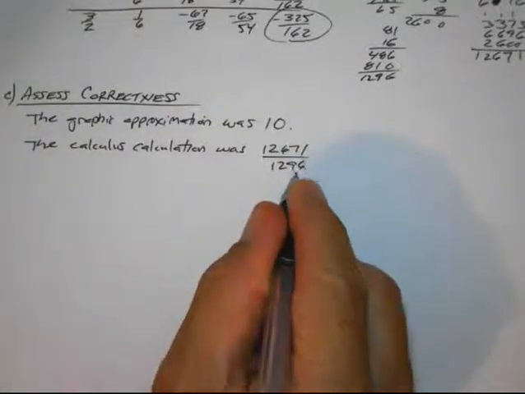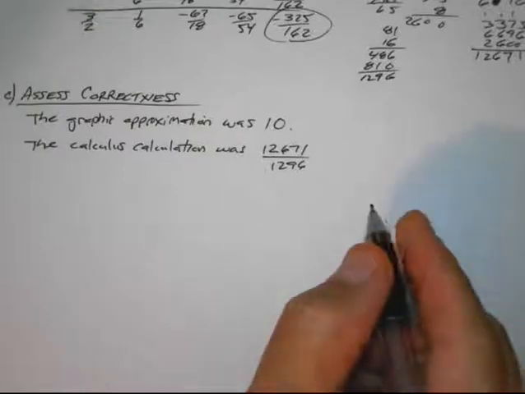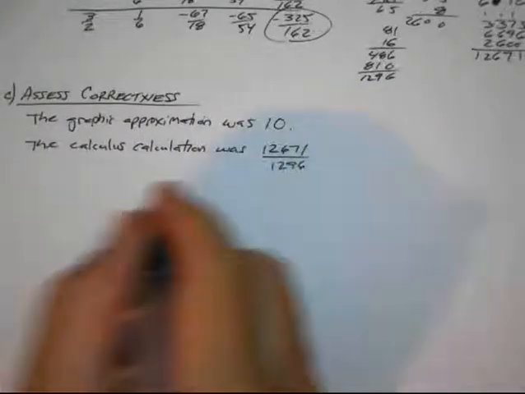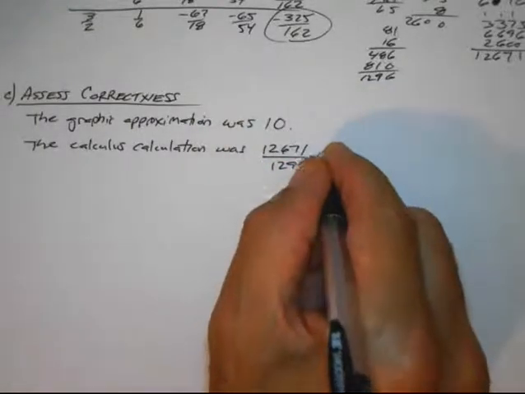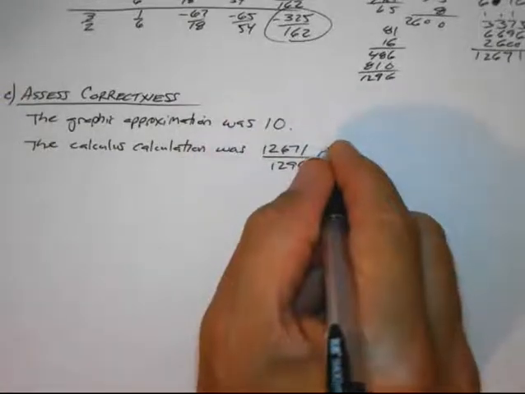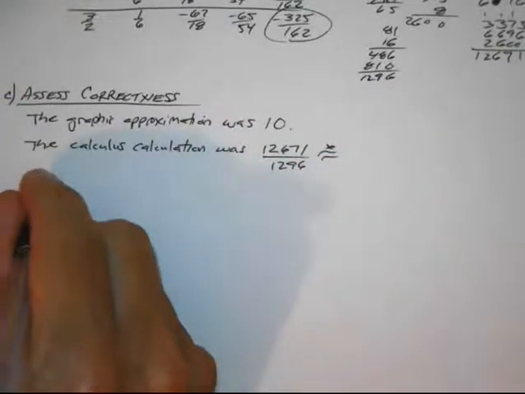Alright, and we need decimal numbers to compare apples to apples here. This here, you could do long division. There's something that we could just sort of look at. Alright, so this is about equal to, a little note here.